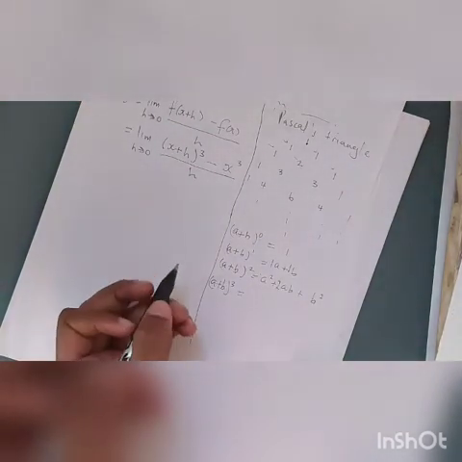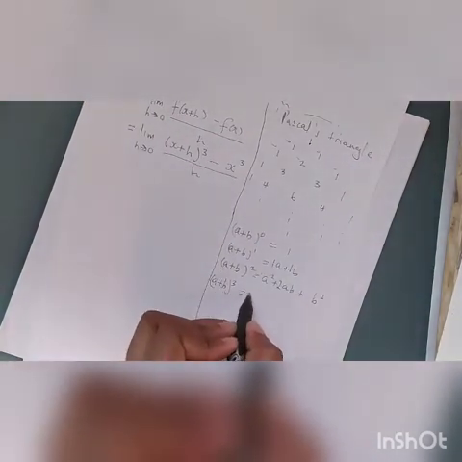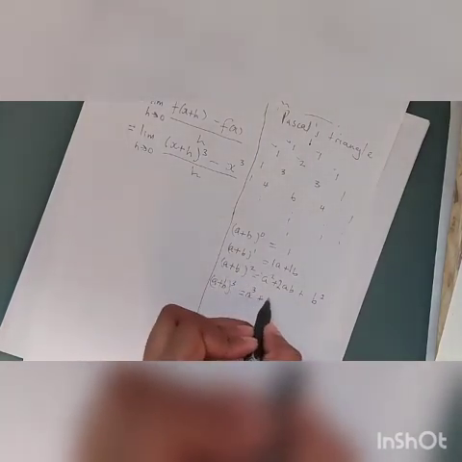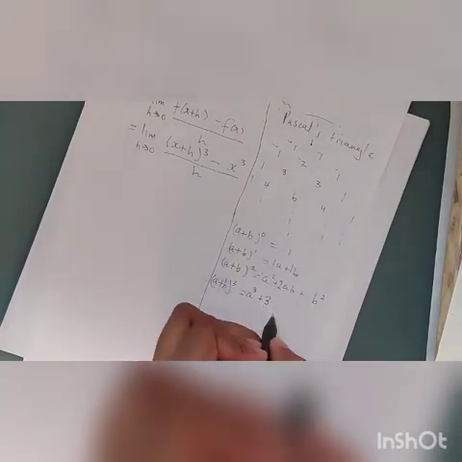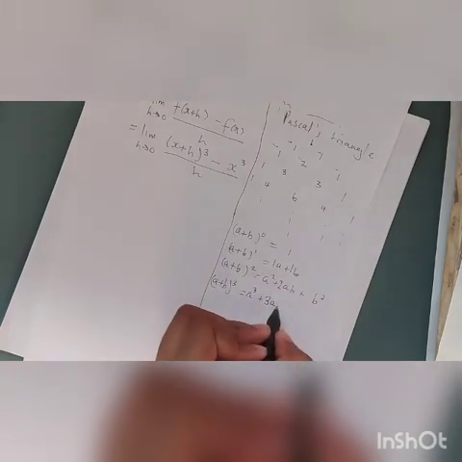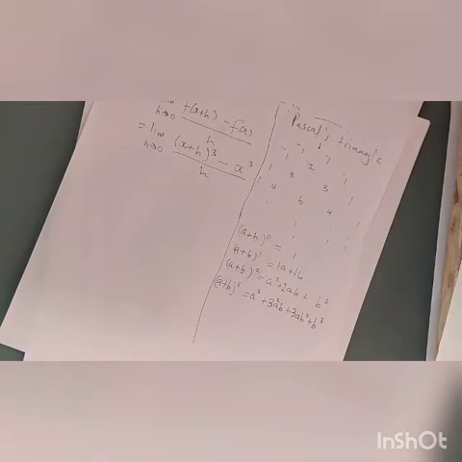You cube this one, which means you're going to have the first coefficient, and then a squared b plus 3ab squared plus b cubed. You see, it gives you the coefficients.